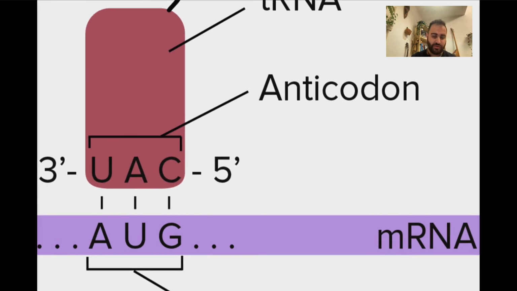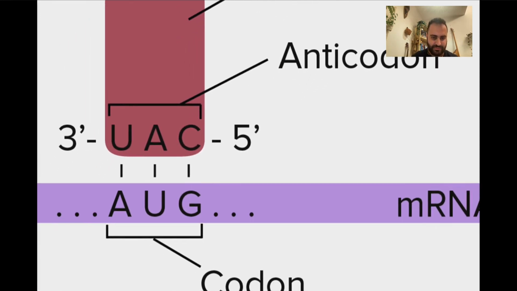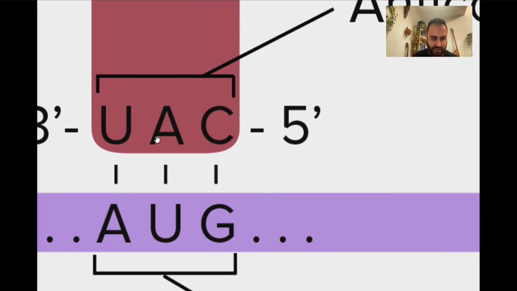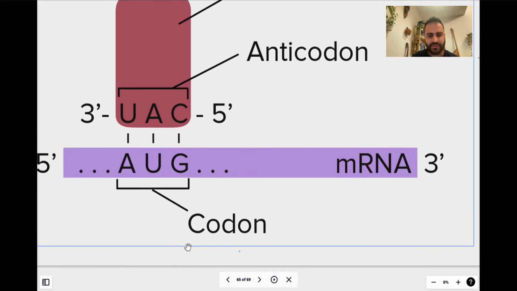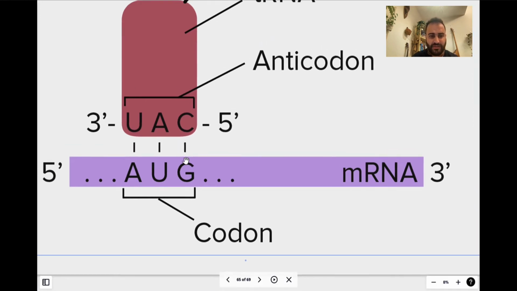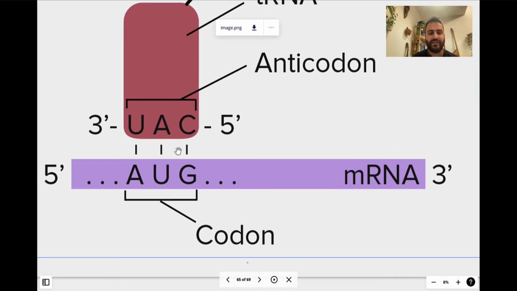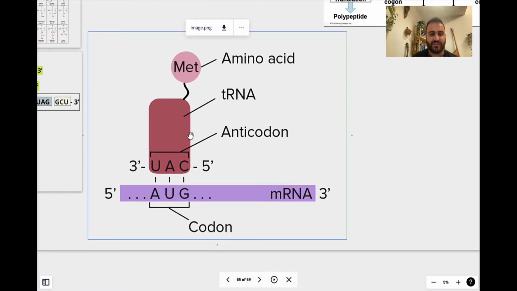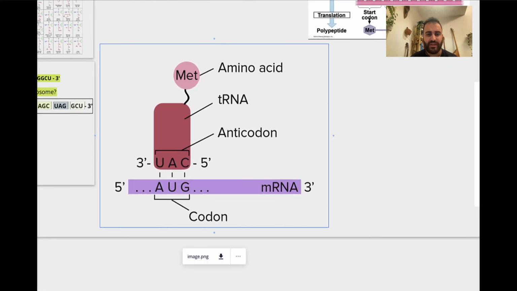So, for example here, AUG, which is the start codon, the first codon in the amino acid as we explained before, the anticodon is going to be UAC, which is complementary to it. Opposite to A is U, opposite to U is A, opposite to G is C. So this is the structure of tRNA. And every tRNA can bind only to one amino acid.